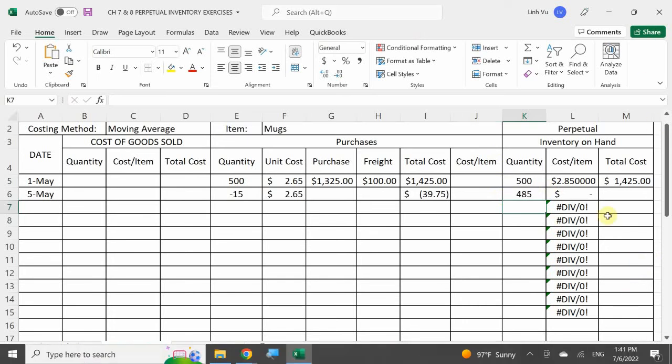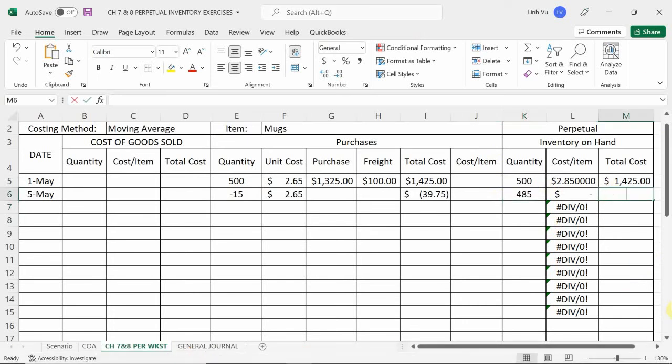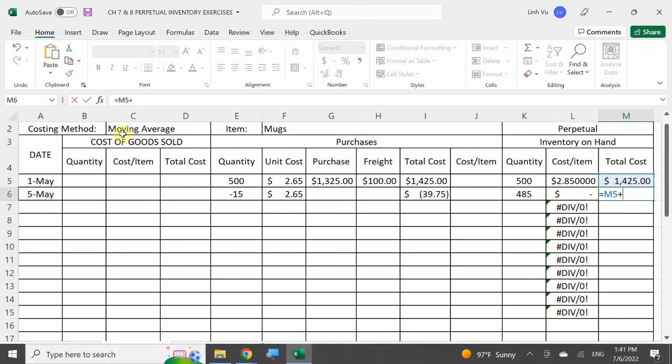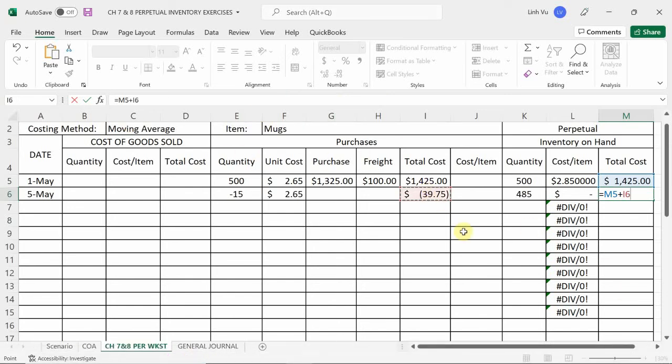And here I'm getting a refund back for $39.75. So I am purchasing 485 units at a grand total of $1,385.25.